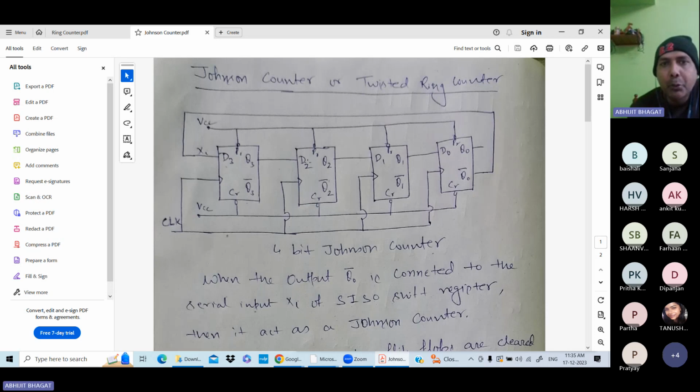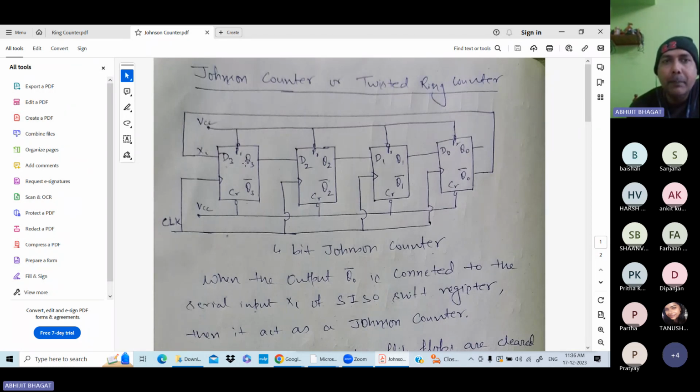Q3 is connected to Q2, Q2 is connected to D1, the input of next is connected to output of previous, this is already connected to Q1. Okay, the difference is where the output of last flip flop, Q0 bar, is connected to input of first one.